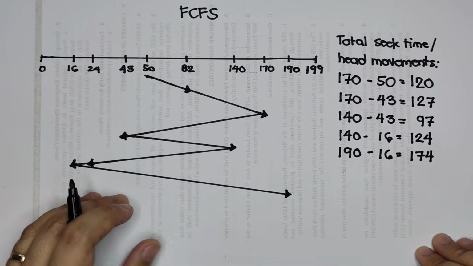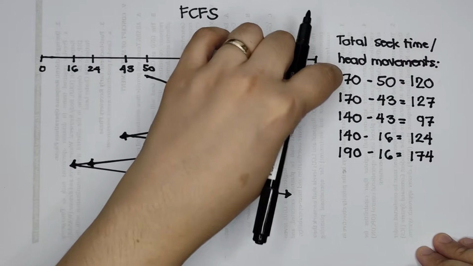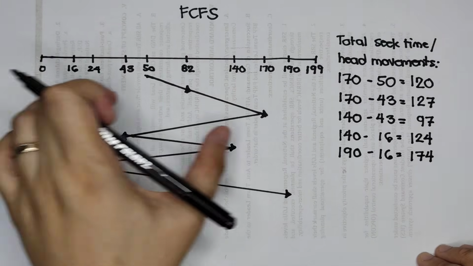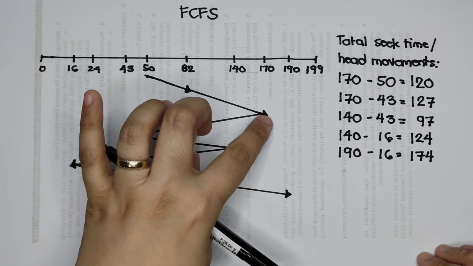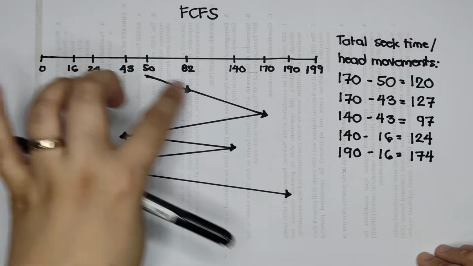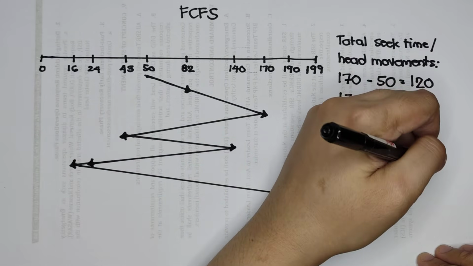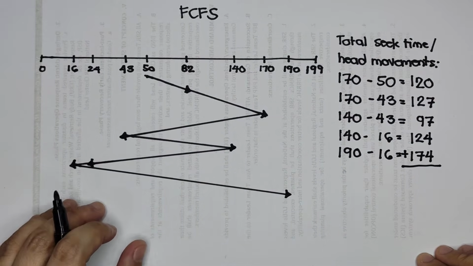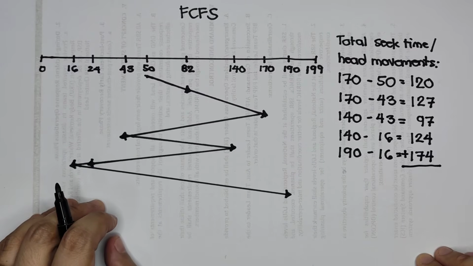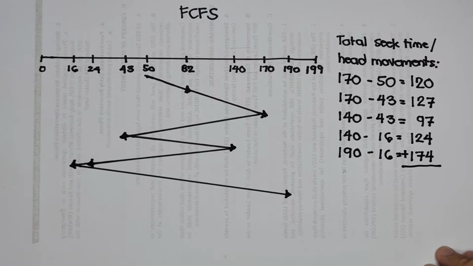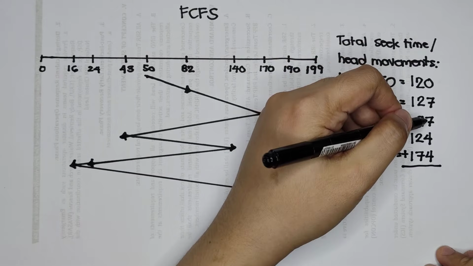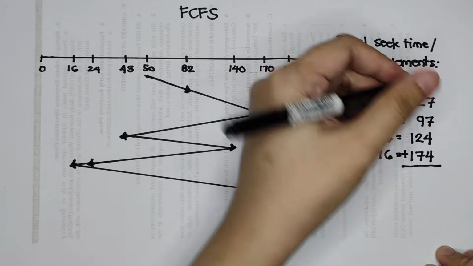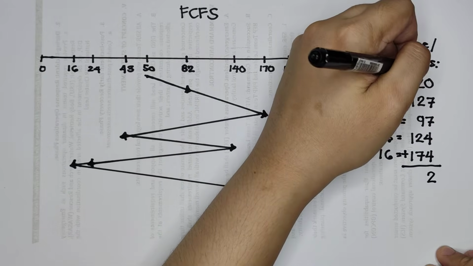So we have 1, 2, 3, 4, 5. We already have the five differences of the five lines. Next we're going to add these so that you will know the total seek time or head movements for first come first serve, this scheduling algorithm. So 7 plus 7 is 14, plus 4 is 18, plus 4 is 22, carry 2.